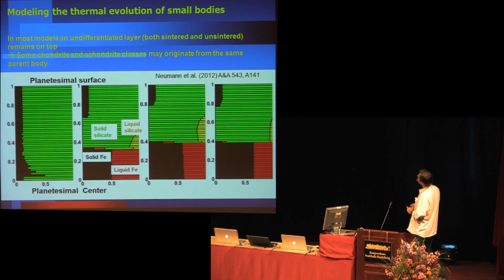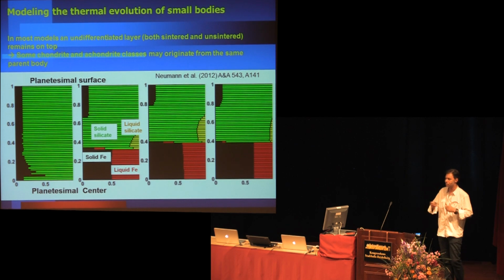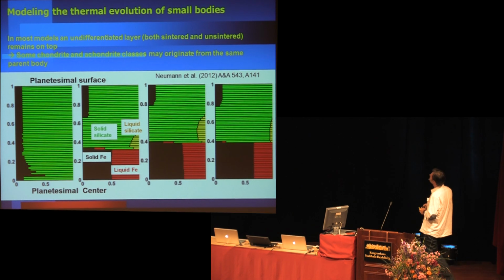Okay, finally, you can apply several models with conditions in which you get differentiation or get no differentiation and so on. But one important thing is common to all models. For example, here, you have some different cases. This corresponds to the planetesimal surface, this to the center.